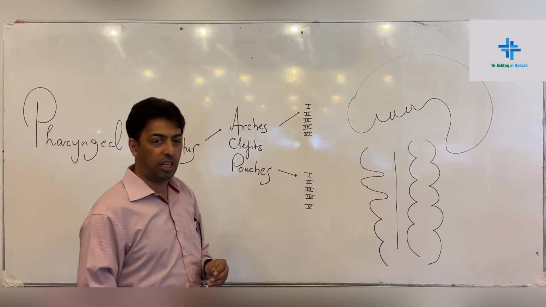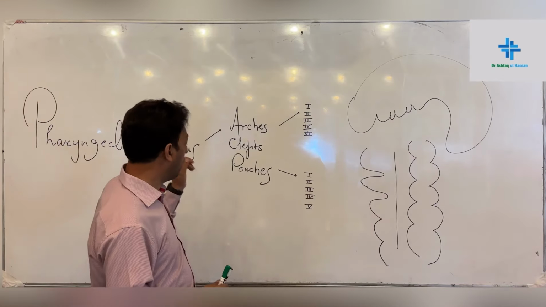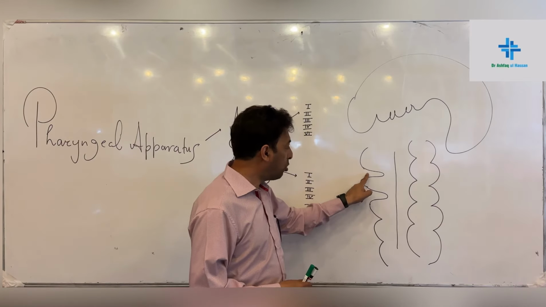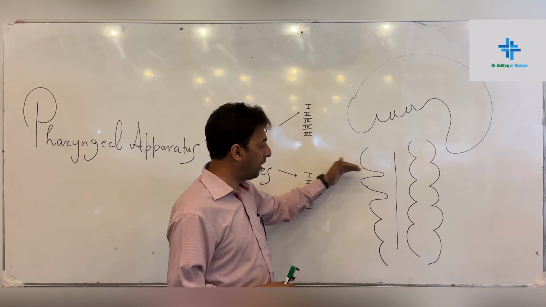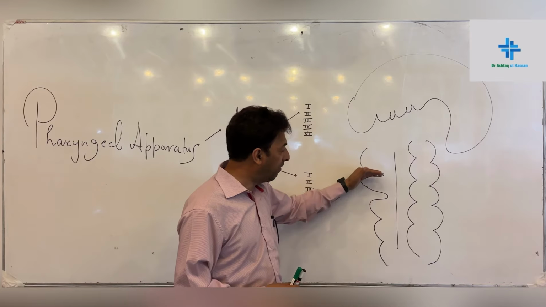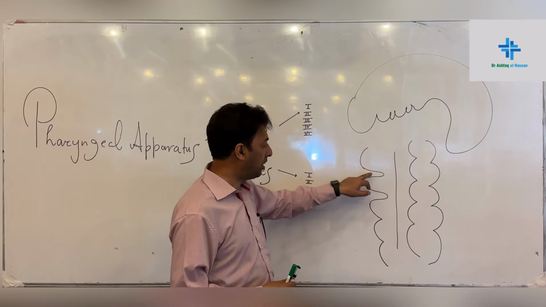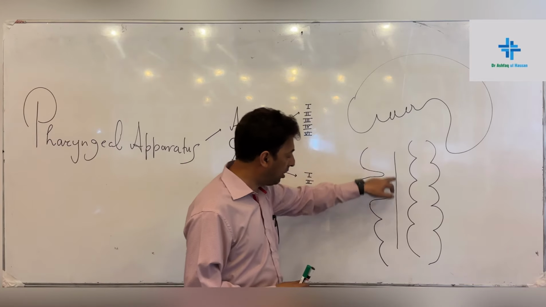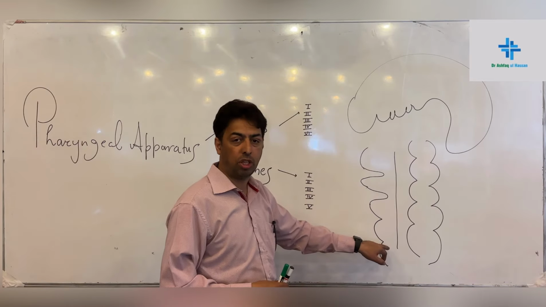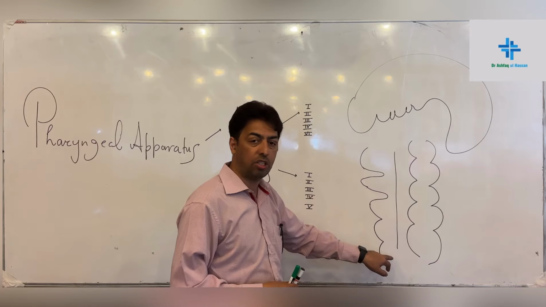And as you can see, we have written the name ectodermal clefts. It is because it lies on the outside and there is invagination or indipping in the form of clefts. So this is the ectodermal cleft, and this middle ridge is the mesodermal ridge, where the future pharyngeal arches have to develop.